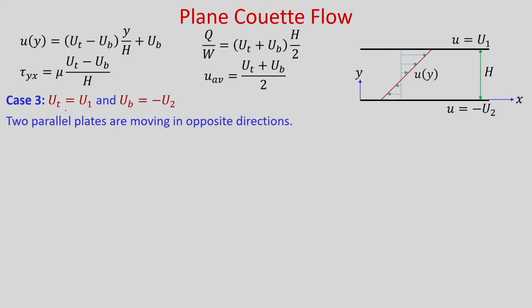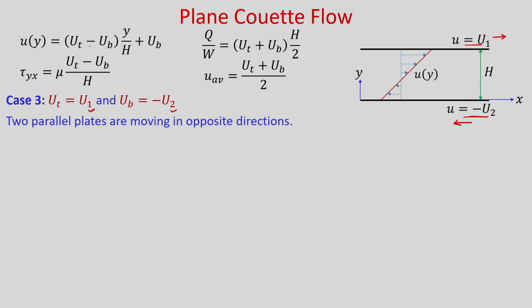The third special case we are considering is that the top plate is moving in the x direction with a constant velocity U1, and the bottom plate is moving in the opposite direction with velocity minus U2. So, u is equal to minus U2 at the bottom plate, and at the top plate u is equal to plus U1. The upper plate is moving in the positive x direction.